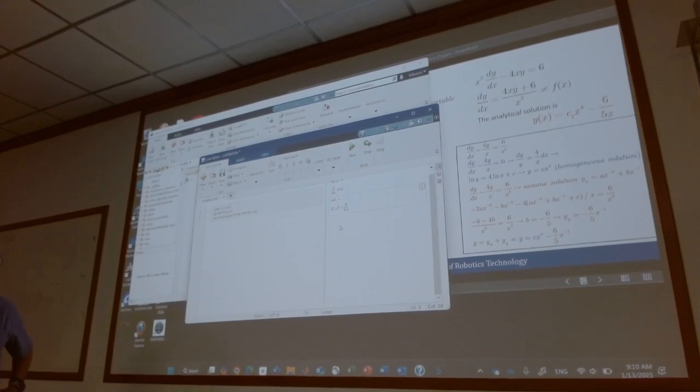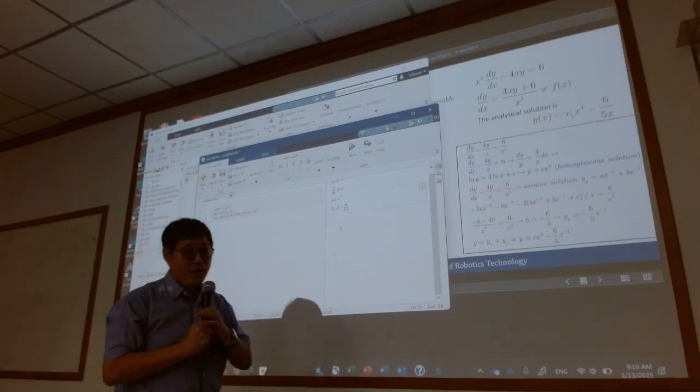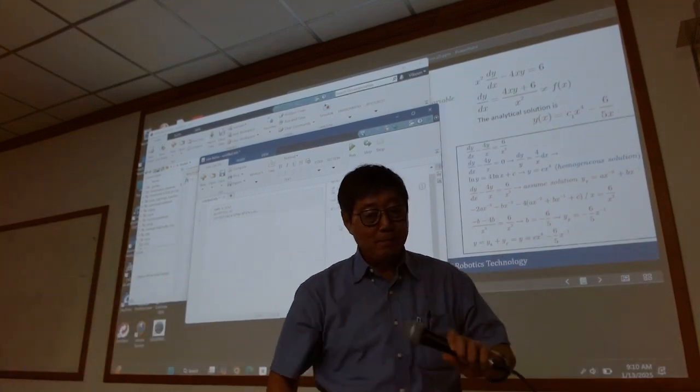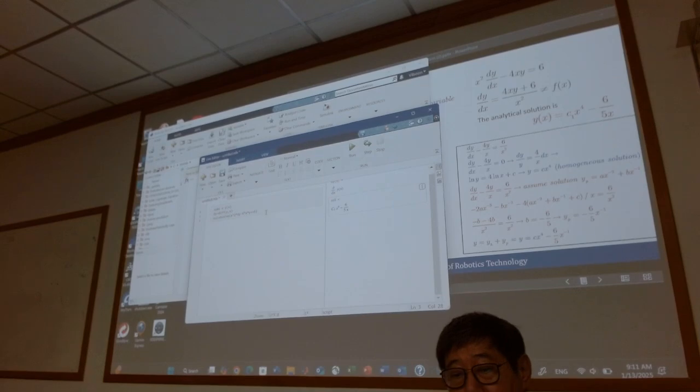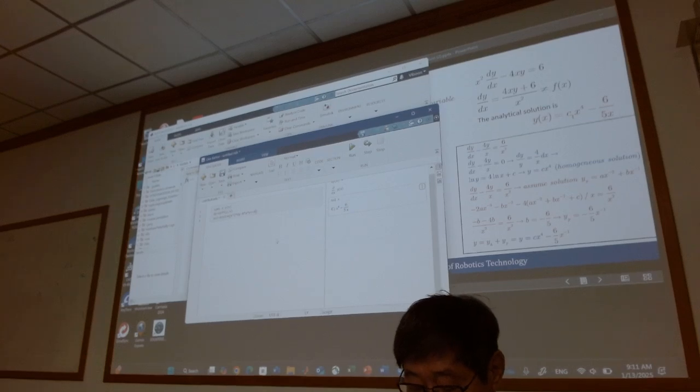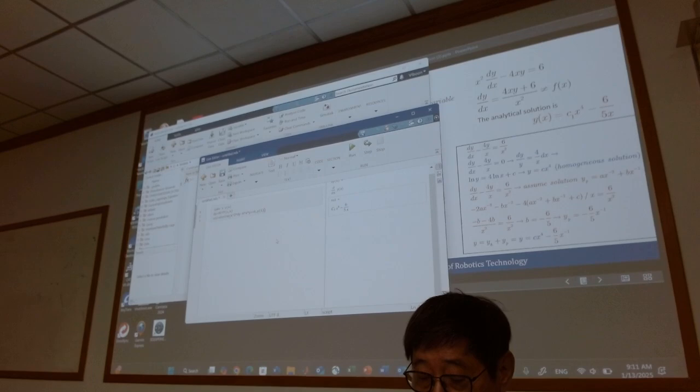So if I know some parameter, I say my y1 equal to 10. What happened to this one?